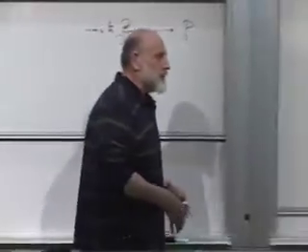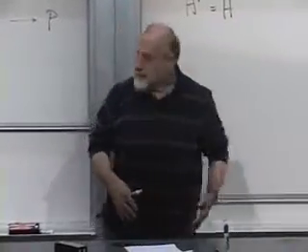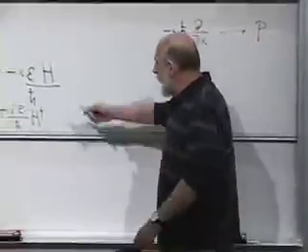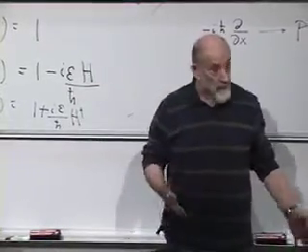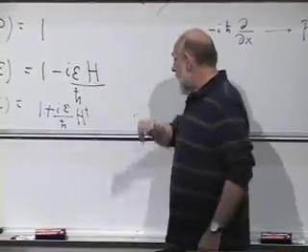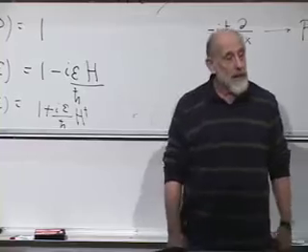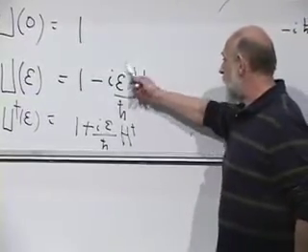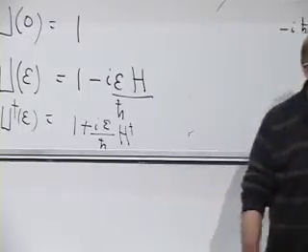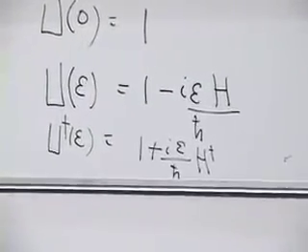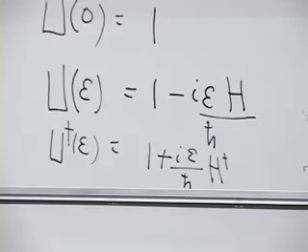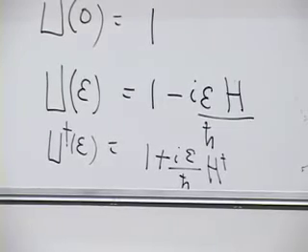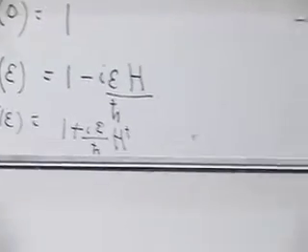Actually, it's not energy, it's energy times time, but epsilon has units of a time. So epsilon times H has units of h bar. But the classical limit is simply the limit in which this quantity over h bar is much, much bigger than 1. It's not necessarily that it goes to 0, it just gets very small.